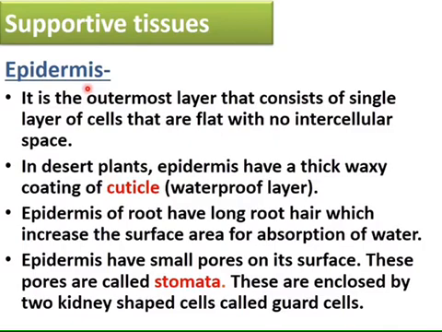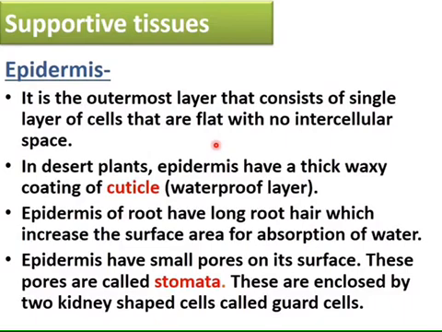So now let's see what is epidermis. Epidermis is the outermost layer. Whenever you observe any cell, the outermost layer is made up of epidermis. So here the definition is written that it is the outermost layer that consists of a single layer of cells, and the cells are flat.